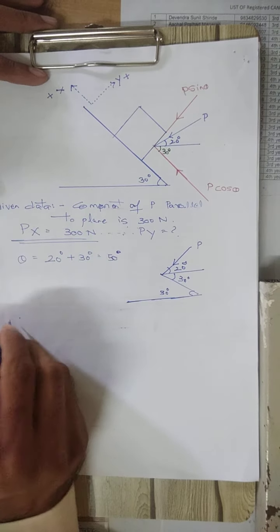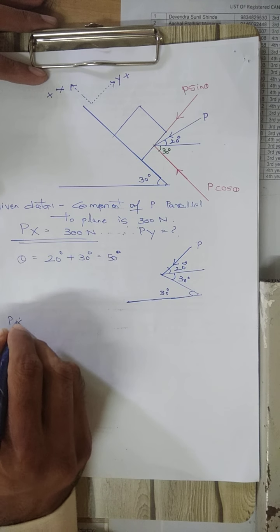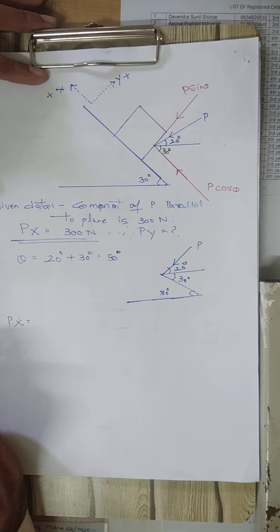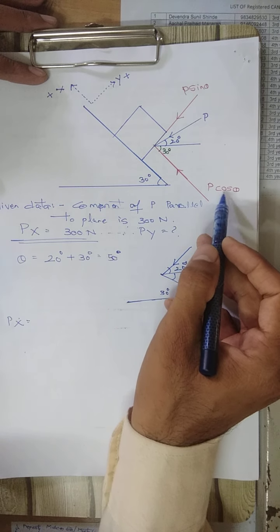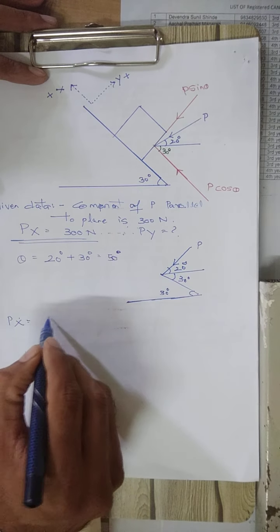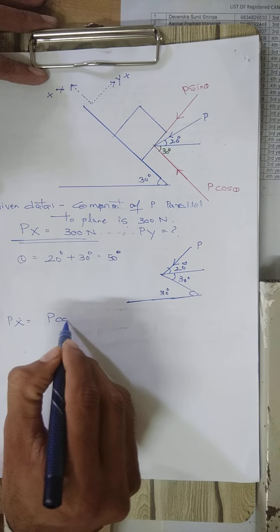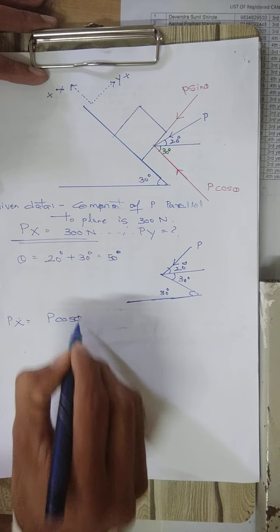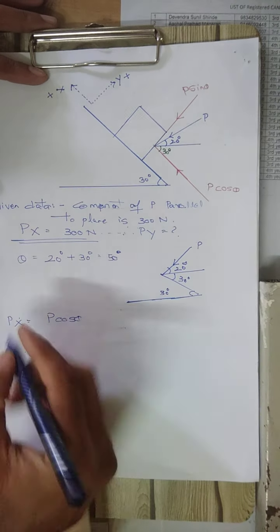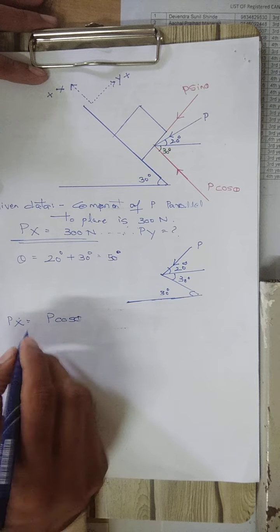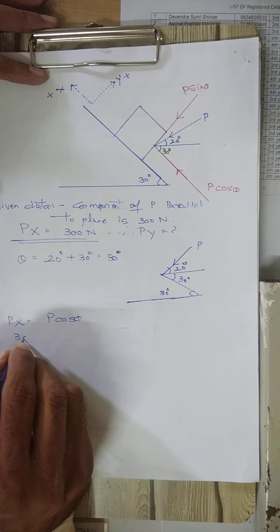Simple way. We will find Px. The x component is P cos theta. But what is Px? Px is given in the question as 300.